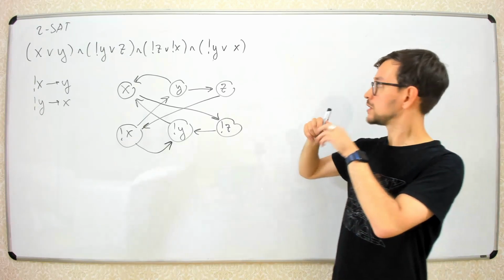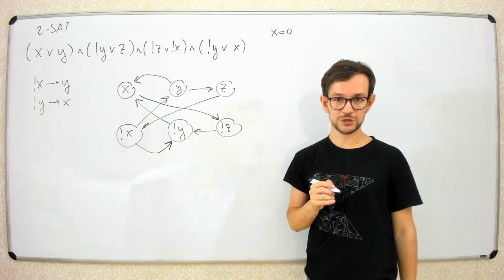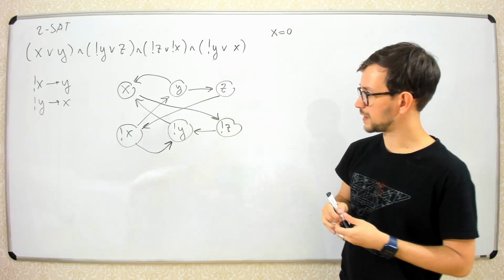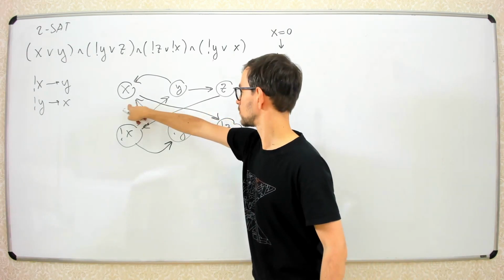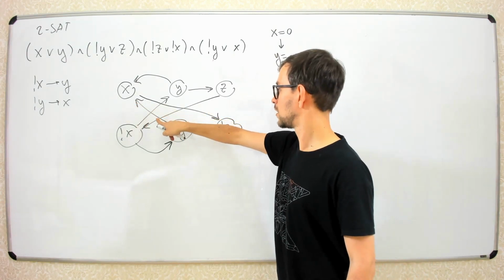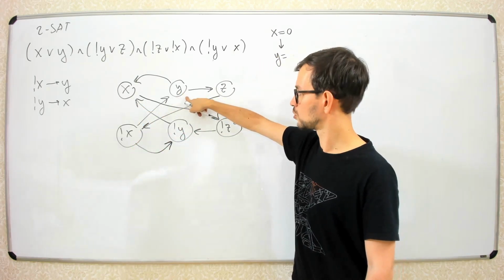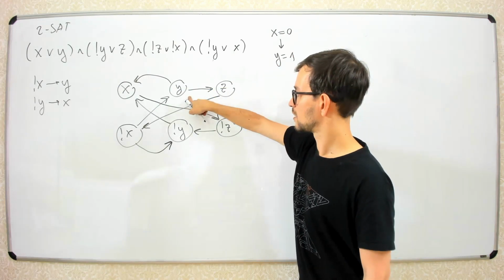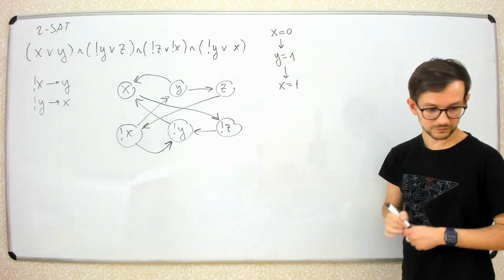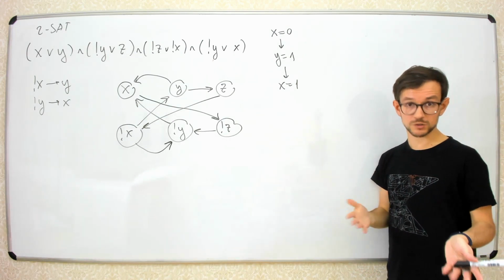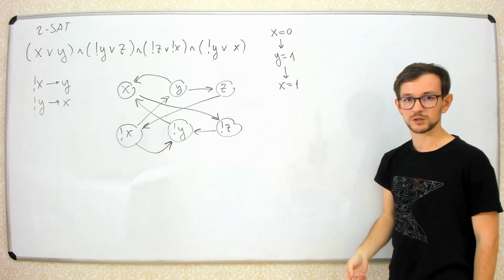Like we saw before, if you assume that x must be equal to 0, then y must be equal to 1, then x must be equal to 1. That's a contradiction. So if x equal to 0, then x must be equal to 1.